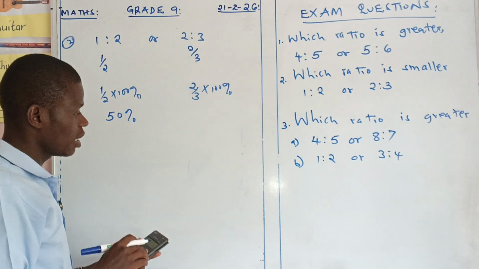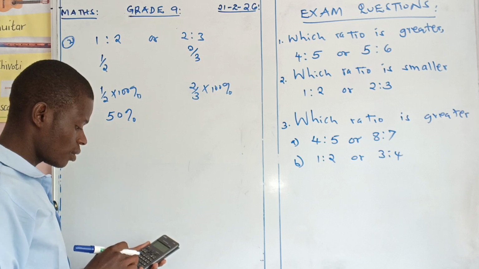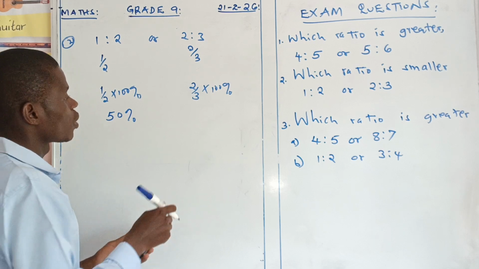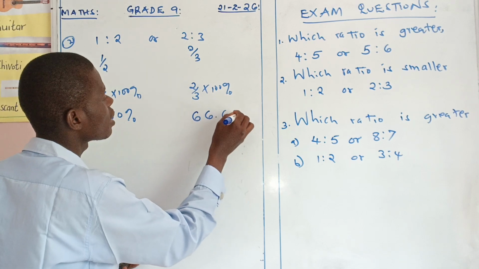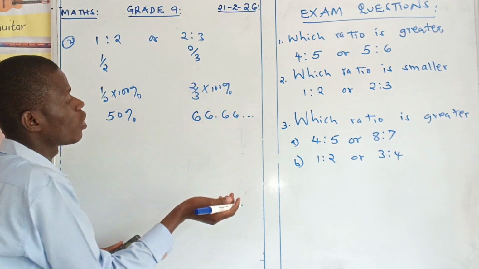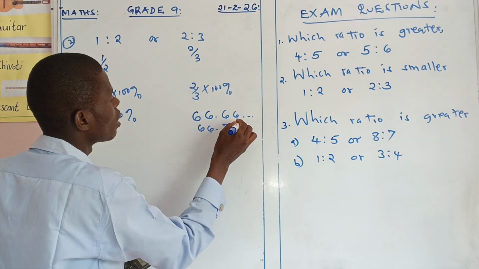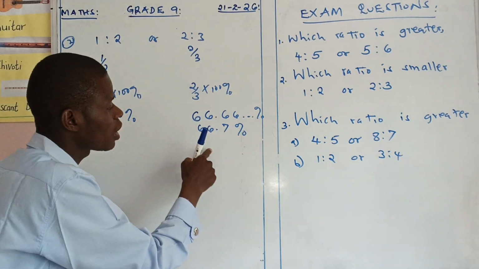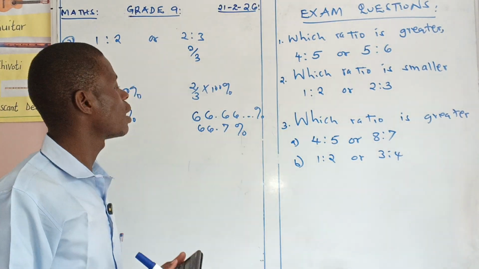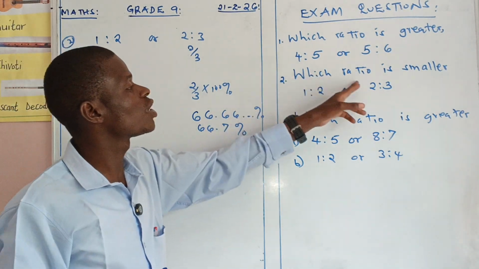And 2 over 3 is giving me 66.66 recurring. If I round off, it will be 66.7%. So you see, 50% and 66.7%. Which ratio is smaller?